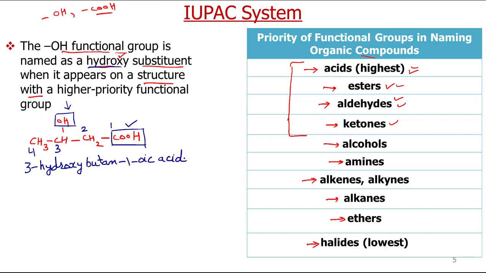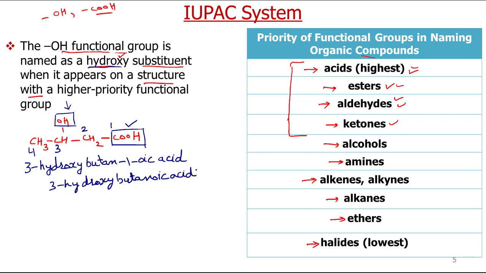So this is the name: 3 hydroxy butane 1 oic acid, or we can simply write 3 hydroxy butanoic acid, because there are no other possible structural isomers for this. So we can simply write 3 hydroxy butanoic acid, and we have to write acid also.